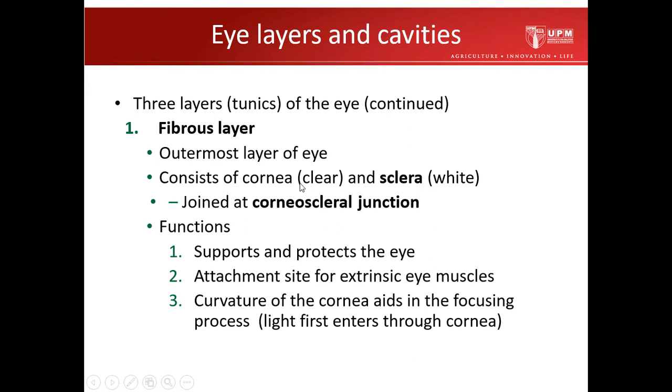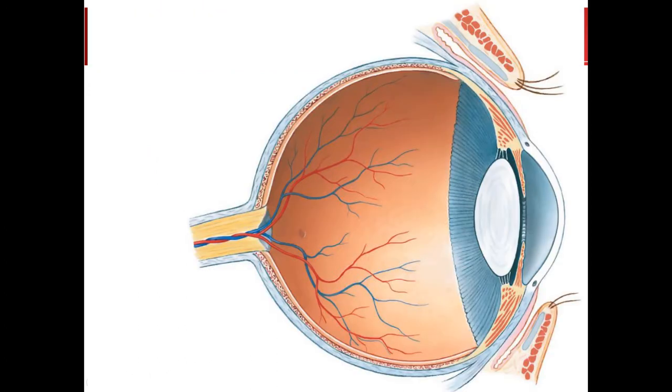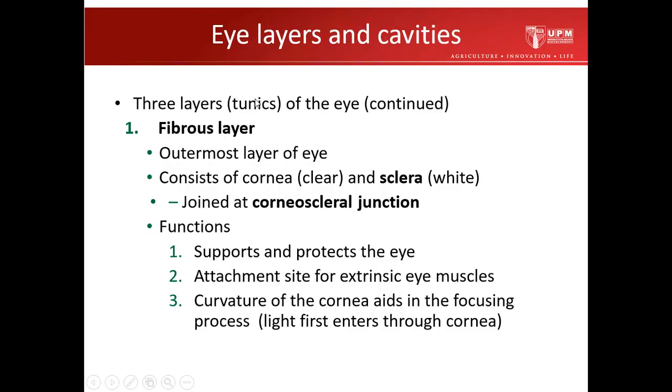The outer fibrous layer of the eye consists of the cornea and also the sclera, which is the white part. The fibrous layer is important to support and protect the eye. It is also the attachment site for the extrinsic eye muscles, and it contains the transparent cornea.